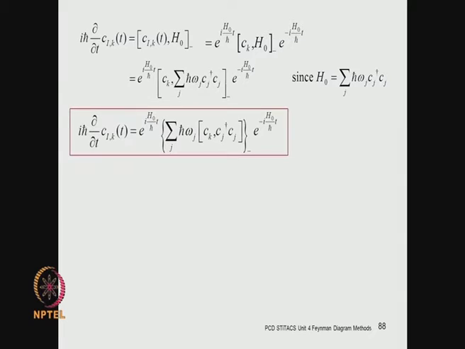Then you have to find the commutator of C_k with C_j dagger C_j, and that can be determined very simply by using the fundamental commutation relations for the fermion creation and destruction operators. So, we know what they are. These are the fermion operators, and they satisfy these anti-commutation rules.